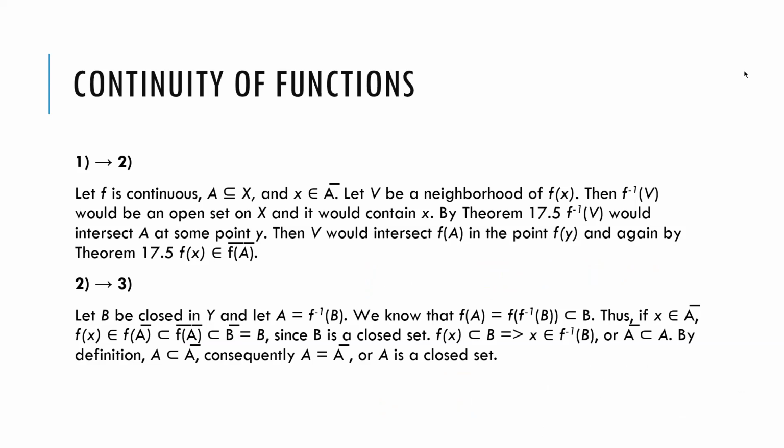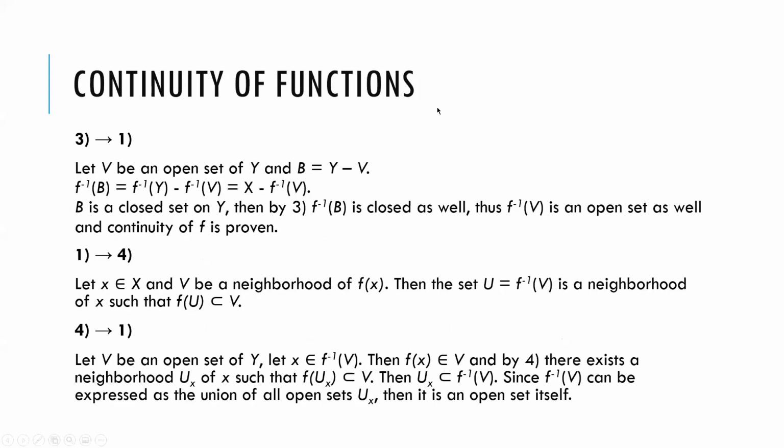And okay, so I guess we can move on to how we get 1 from 3. So again, 3 states that for every closed set B of Y, the inverse image of B is closed in X, and 1 states that f is continuous.